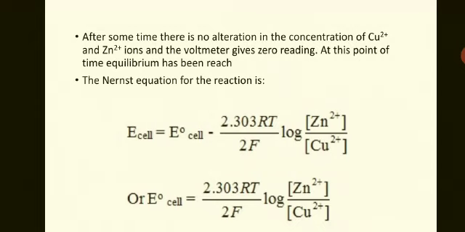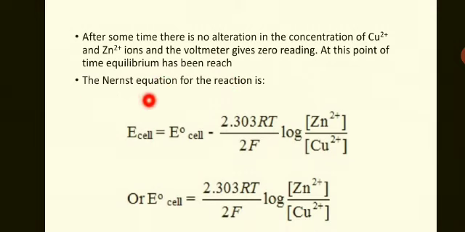After some time, there is no alteration in the concentration of copper ion and zinc ion, and the voltmeter gives 0 reading. At this point of time, the equilibrium has been reached.